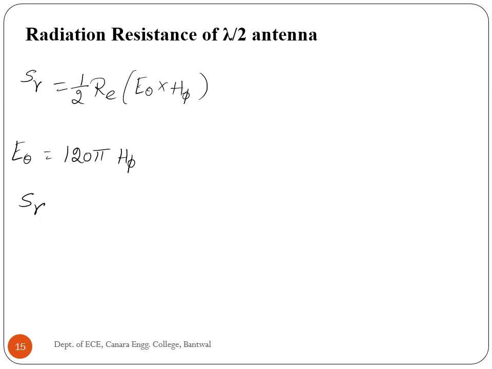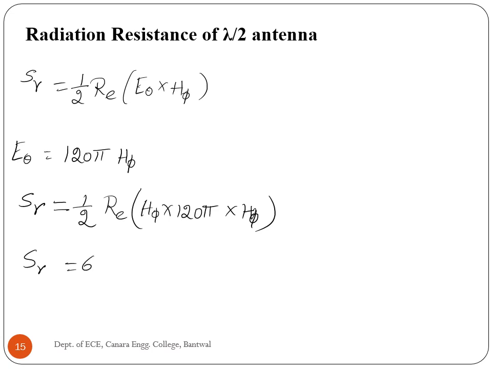Therefore, the radial component of the Poynting vector is half of the real value of H phi into 120 pi into H phi. Therefore, the radial component of the Poynting vector is equal to 60 pi into the square of the observed value of the magnetic field.